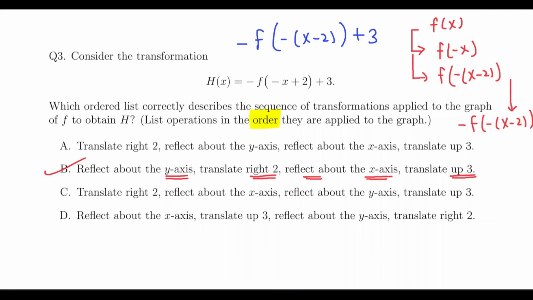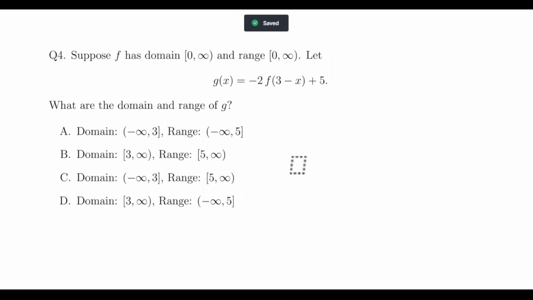Whenever you have a vertical translation involved, do it at the end always. You won't get this in the book, but this is a really important, really helpful tip: if you have a vertical translation, up or down, doesn't matter, do it at the end. You will be safe.